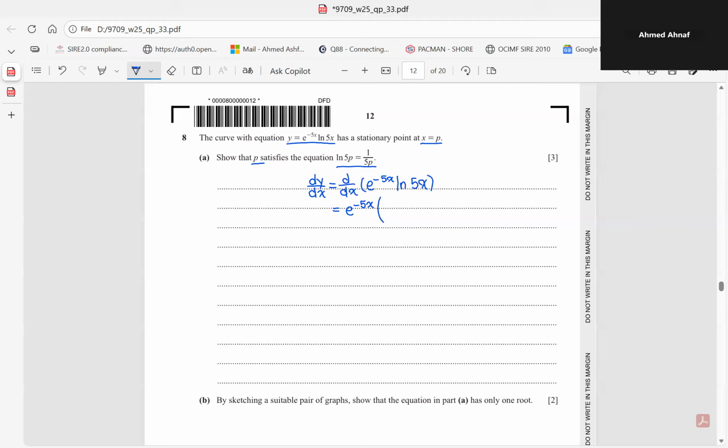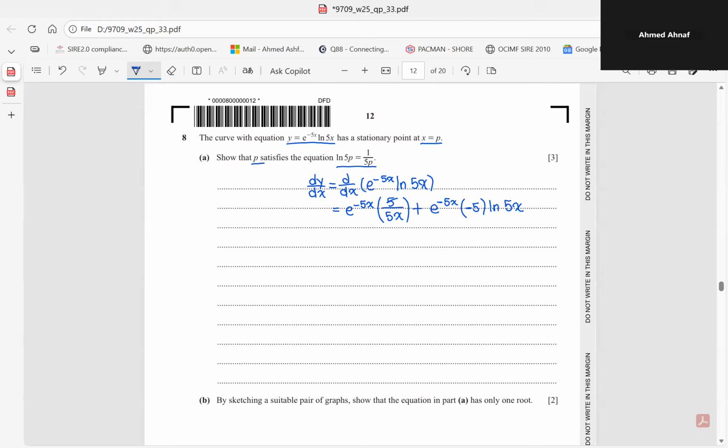The derivative of ln f(x) is f prime x over f(x), so f prime would be just 5, giving 5 over 5x. Then we add the derivative of the first term. The derivative of e to the power of minus 5x: you keep your exponential, and multiply it with the derivative of the power, which is minus 5. And then you multiply it with the original second function.